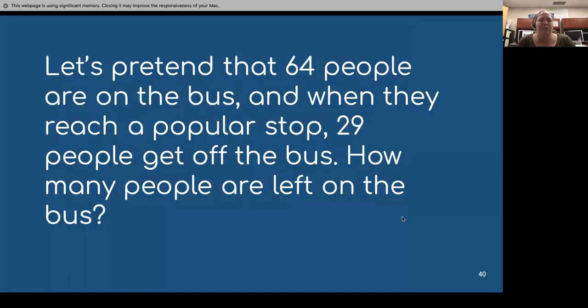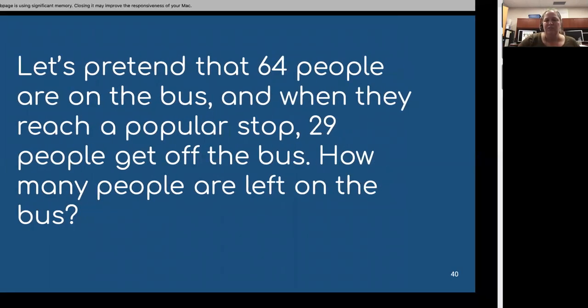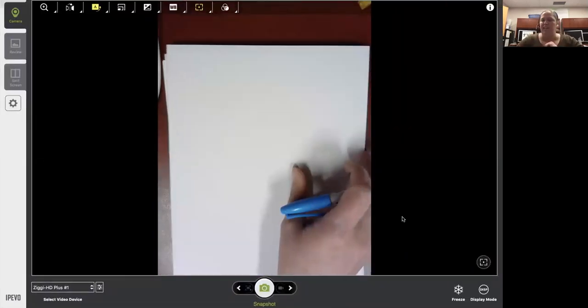And then I would pose a second problem. So let's pretend that 64 people are on the bus, and when they reach a popular stop, 29 people get off the bus. How many people are left on the bus? And I think that in this case, students, because we just asked the last problem, will be more likely to give us a different strategy, because they're hopefully going to utilize the last problem.